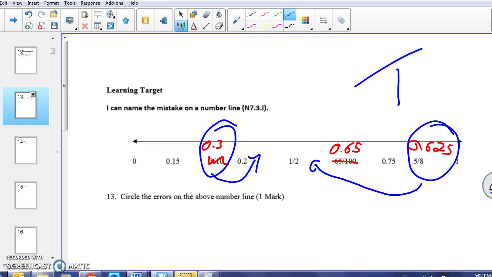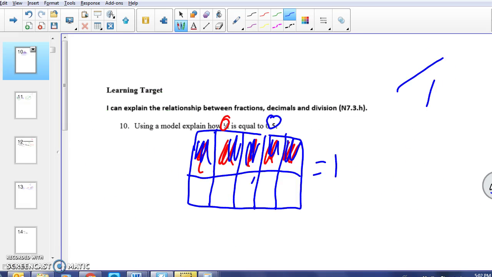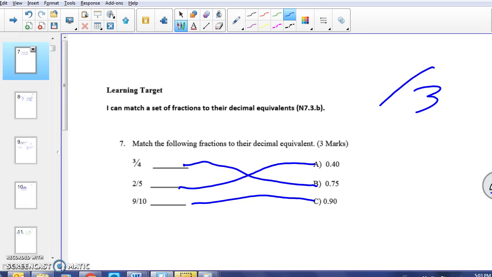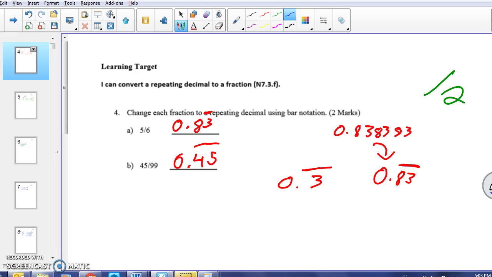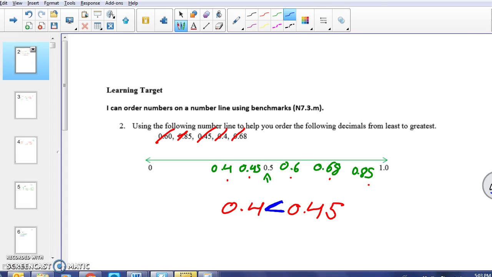I want you to go back through and total it up. It is out of 1, 2, 3, 4, 5, 9, 11, 14, 15, 17, 19, 20. And for this question, when you're going through, place them on the number line.